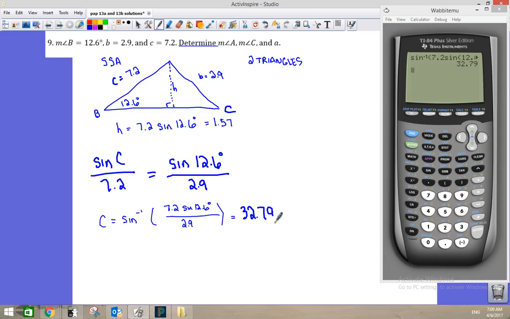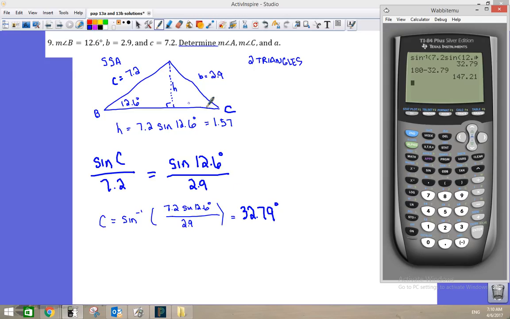I know that there's another angle that the calculator didn't return, 147.21 in quadrant 2, that also has the same ratio. See, this inverse sine could have also equaled 147.21. We'll save that for when we're solving the second triangle, though.